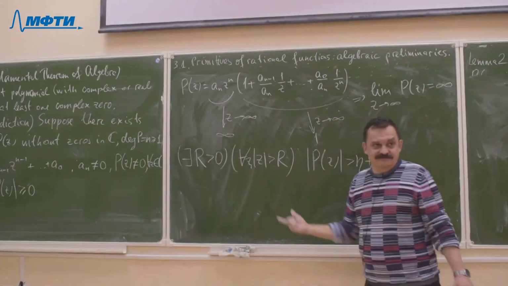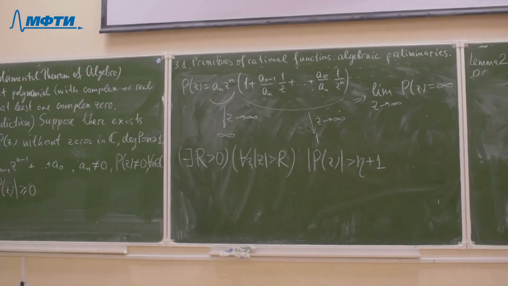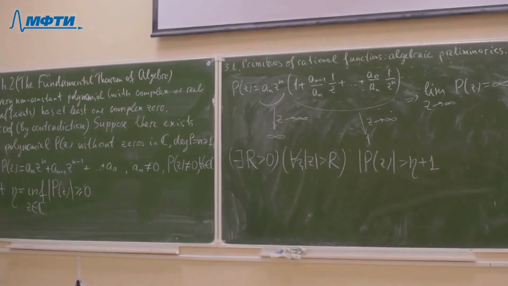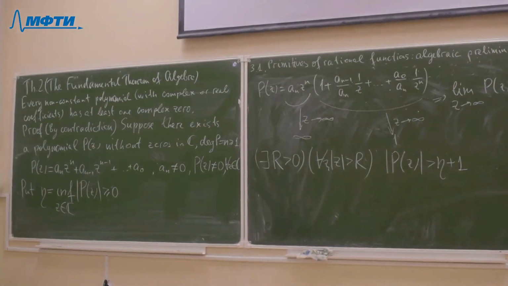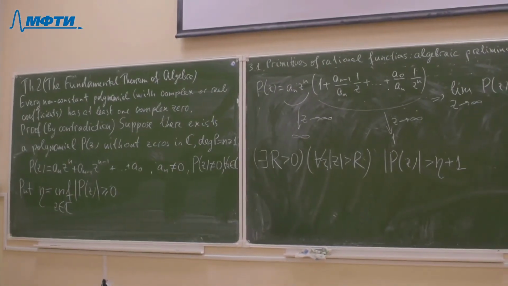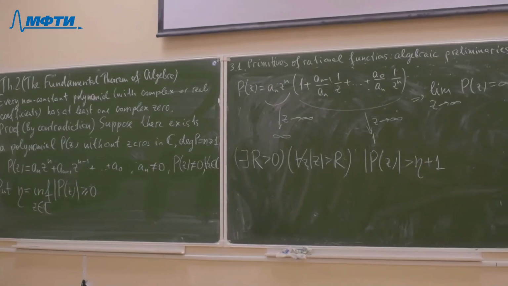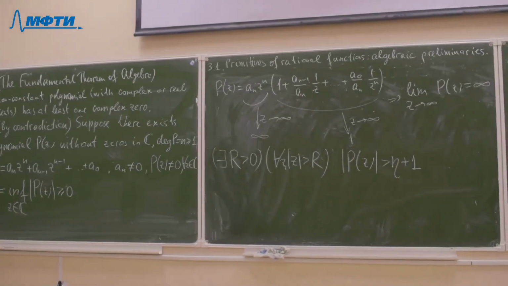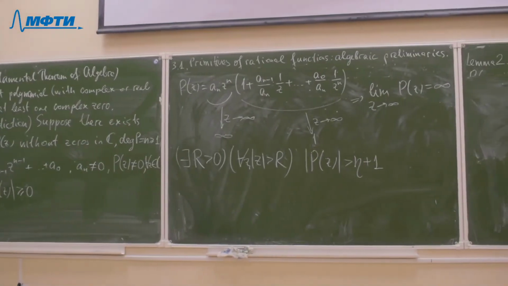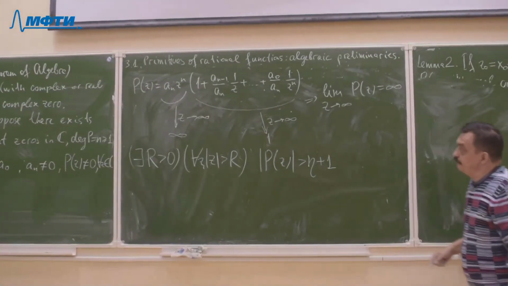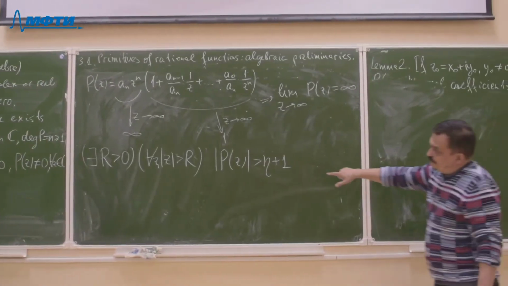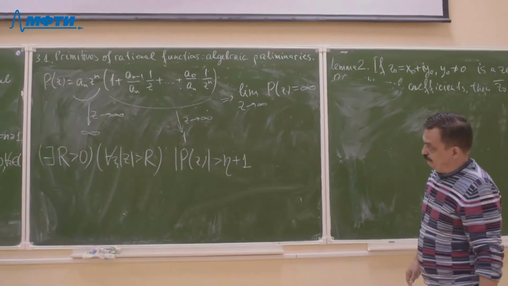If p of z tends to infinity, then p of z will be sufficiently large for sufficiently large modulus z. Intuitively it's clear, right? But officially, of course, there was no definition. Okay, that is a property which I need.